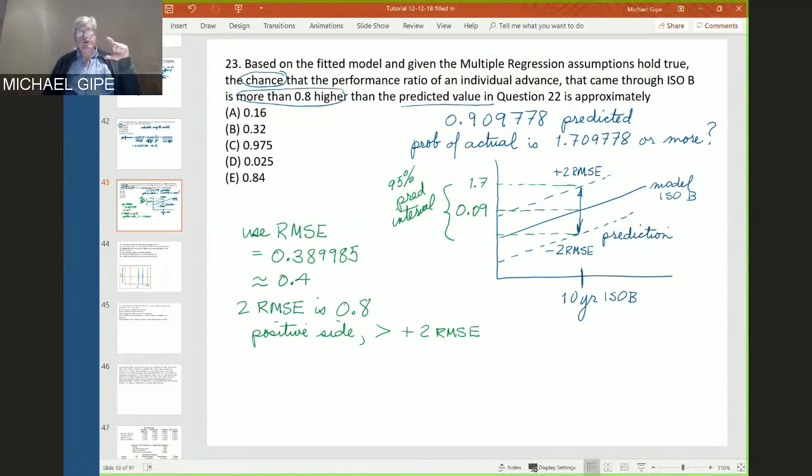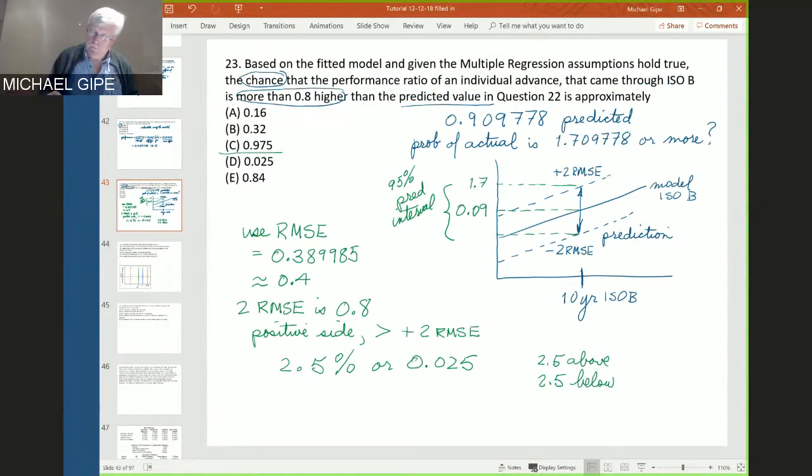Well, we know that prediction interval is 95%. Below it would be 2.5%, and above it would be 2.5%, or 0.025. So 2.5 above, 2.5 below. So what's the right answer? D. We can calculate that one. Another one easy to get.